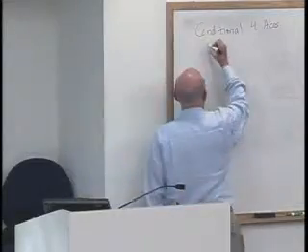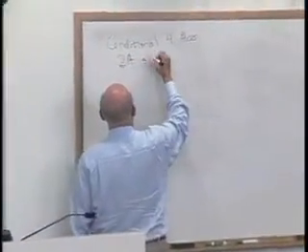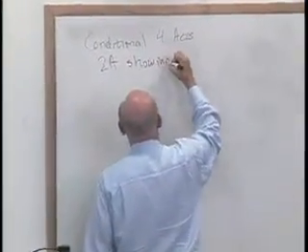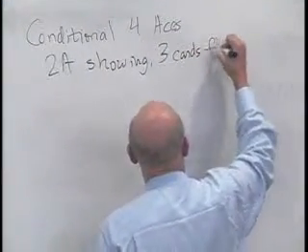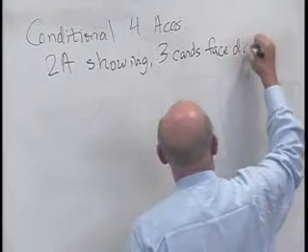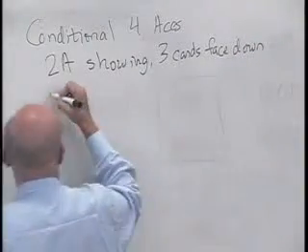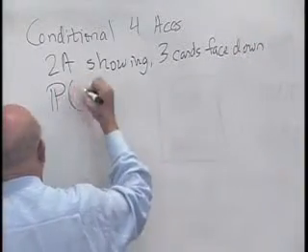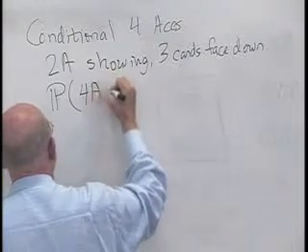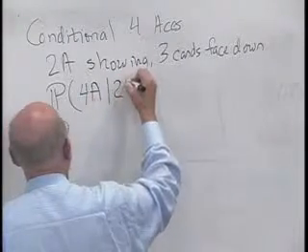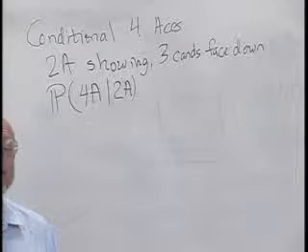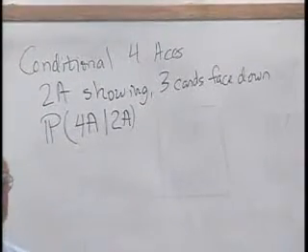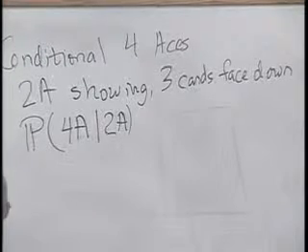So what have we got? We've got 2 aces showing, and 3 cards face down. And what we want to calculate, here comes that vertical bar again, is the probability that the opponent holds a hand of 4 aces given that the 2 cards out of 5 that we've seen are 2 aces.